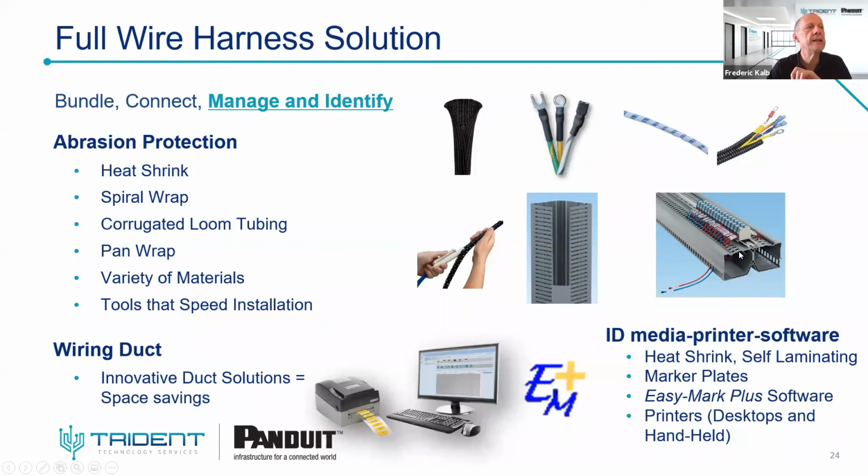So these are really innovative solutions that have been developed in order to offer you a higher efficiency. And also, as we are here in the control panel business, to reduce the footprint and the space needed in the panels.